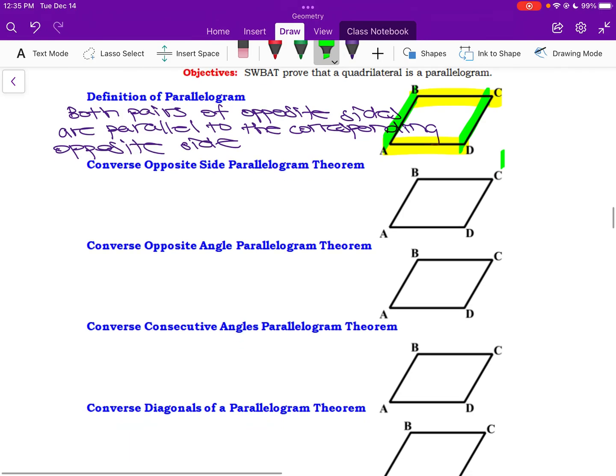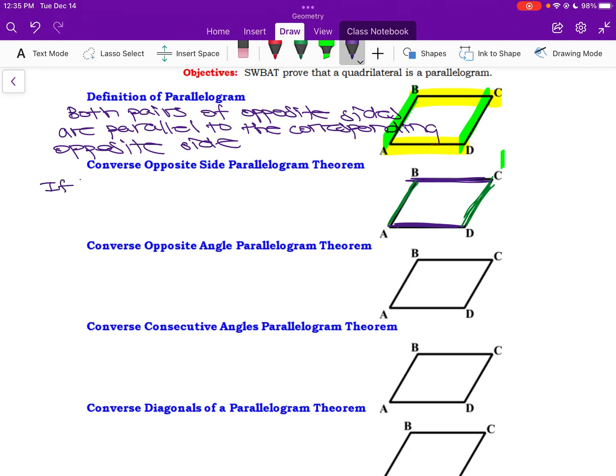Next we're going to discuss the converse opposite side parallelogram theorem. This says that if both pairs of opposite sides are congruent, so if I know that CB and AD, for example, are congruent, and CD and BA are congruent, then we can determine that it is a parallelogram.